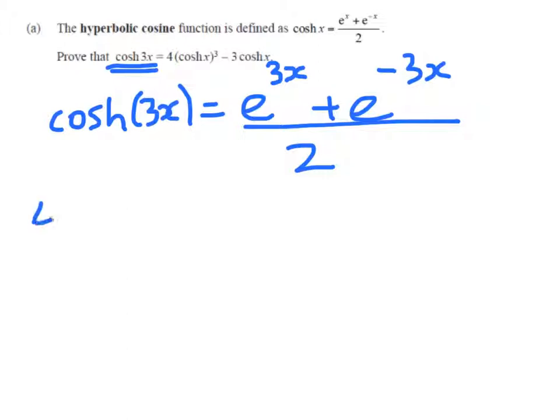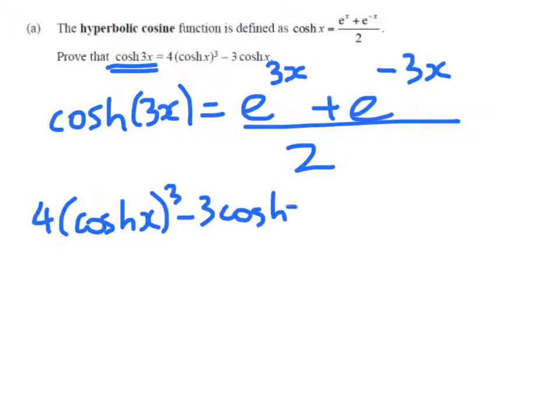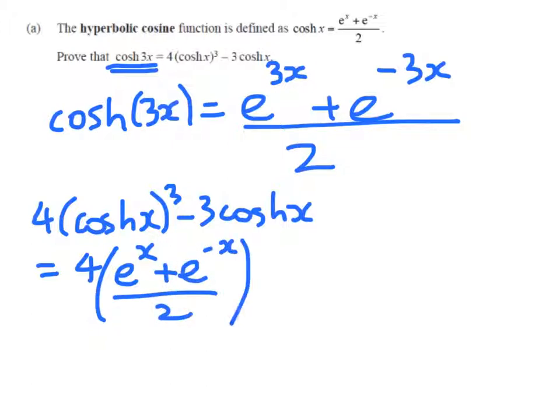Now, starting on the other side, we've got 4 times cosh of x cubed minus 3 cosh x equals 4 times e to the x plus e to the negative x over 2 cubed minus 3 times this term here.